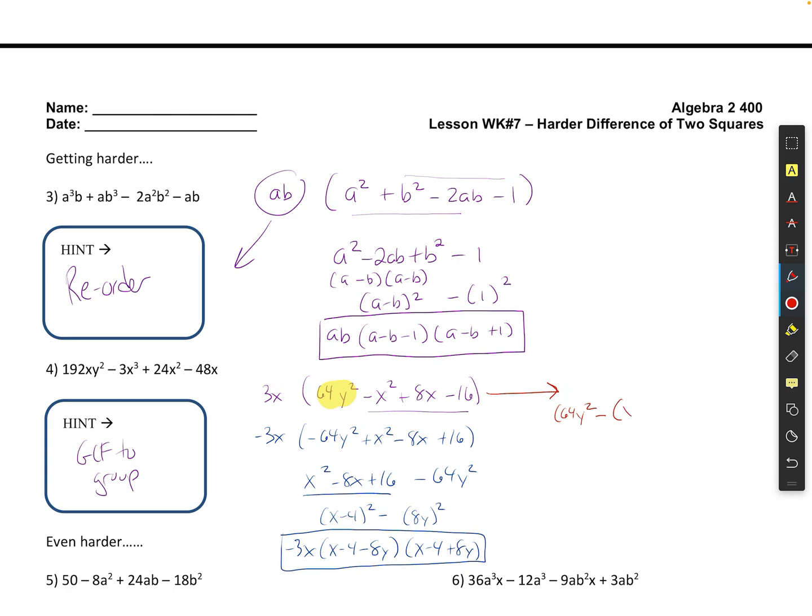So if I GCF a negative, x squared minus 8x plus 16 is now inside of the parentheses, which gives me 8y squared minus x minus 4 squared, 8y minus x minus 4, 8y plus x minus 4. Distribute the negative, 8y minus x plus 4, 8y plus x minus 4 with the 3x in front.